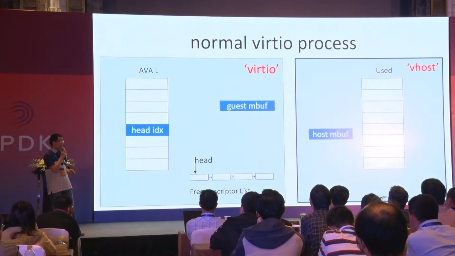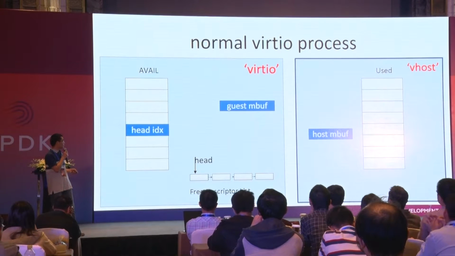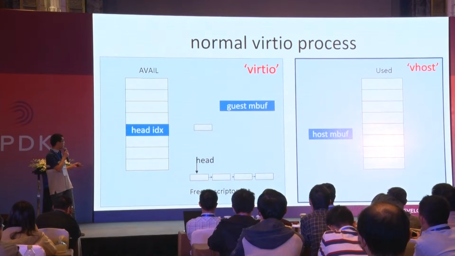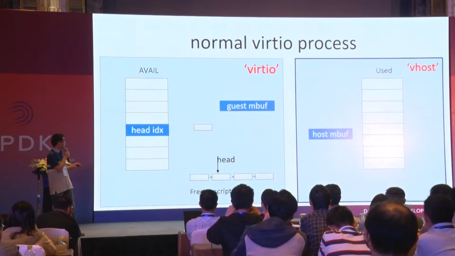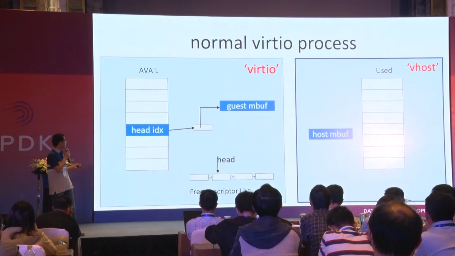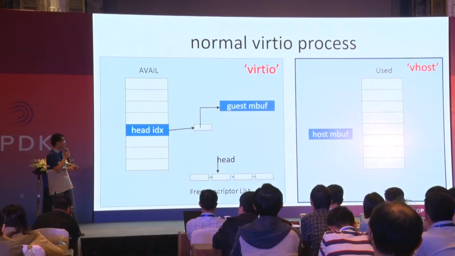It has this free descriptor list. The front end, to receive data, must first allocate one descriptor and then modify its vring so that it points to the descriptor, and then it modifies the guest area and then updates the index and notifies the Vhost.